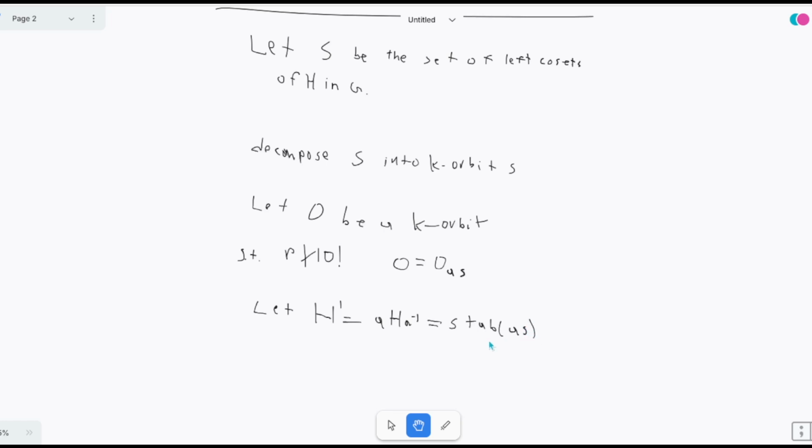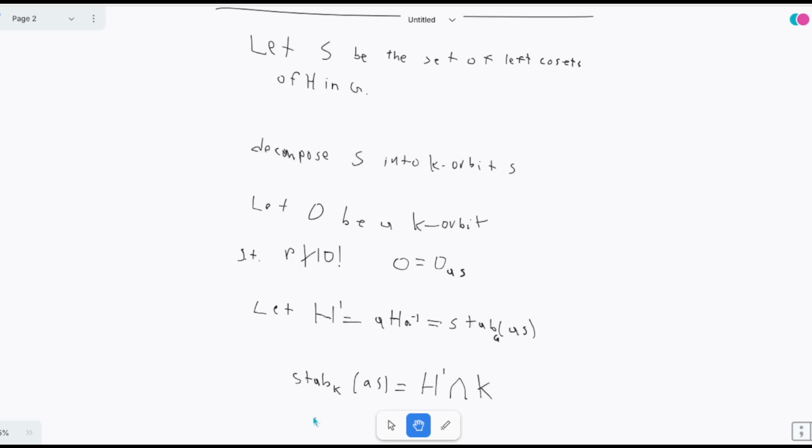Then the stabilizer, for the entire group operation, this is the stabilizer. Then the stabilizer restricted to K of aS is going to be H prime intersect K. So it'll just be the elements of the greater stabilizer that are in K.